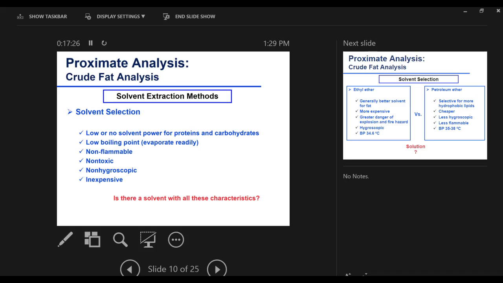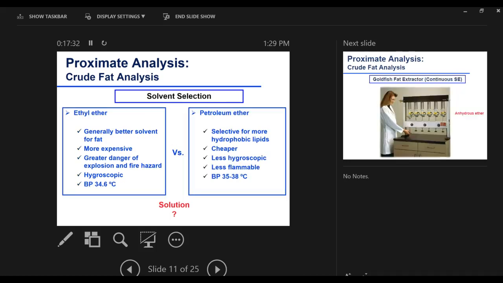Now, is there a solvent with all these characteristics? There is not. There are many solvents used in fat extraction, not listed here, like chloroform and hexane, but these are the most common ones.